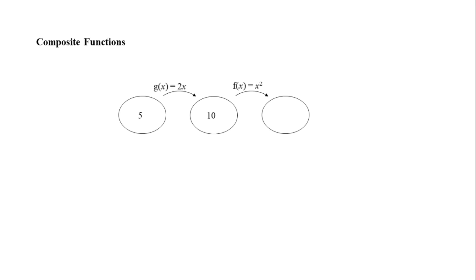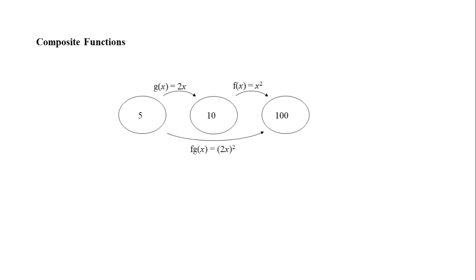Remember, our first function this time is g of x. So 2 times 5 is equal to 10. If the second function is f of x, and our input is the output of the g, then 10 to the power of 2 is equivalent to 100, which is not the same as our output a while ago.